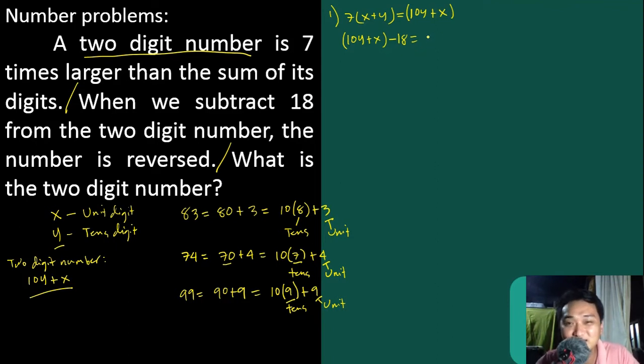Or that is simply 10x plus y. O ano napansin natin? Ito yung kaninang tens, siya yung naging unit digit. Nabaliktad. Sabi dun sa problem, the number is reversed. Yun po yung ibig sabihin.